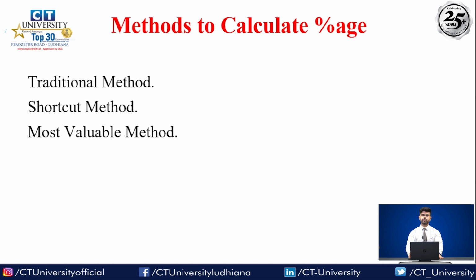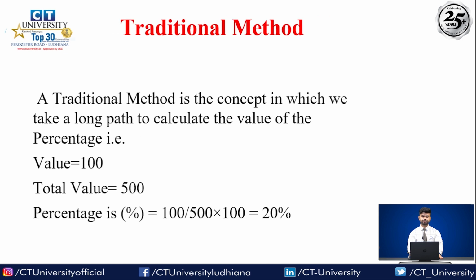That's why we use shortcut methods. After that, the most valuable method in terms of my knowledge, because the shortcut method is also a good thing, but the most valuable method has a lot of value because it covers a lot of other subjects, other topics in that particular method. Now move to the traditional method.